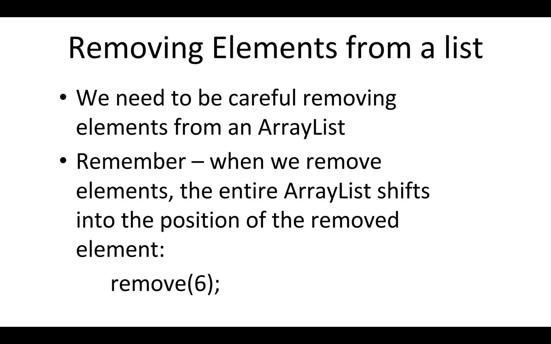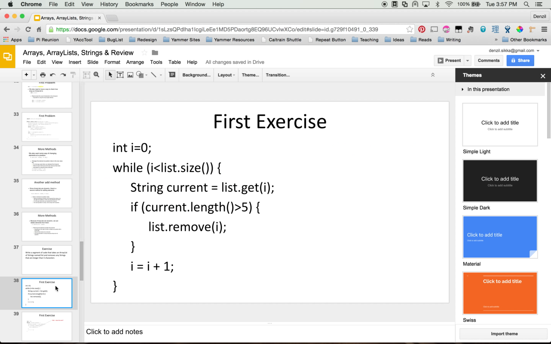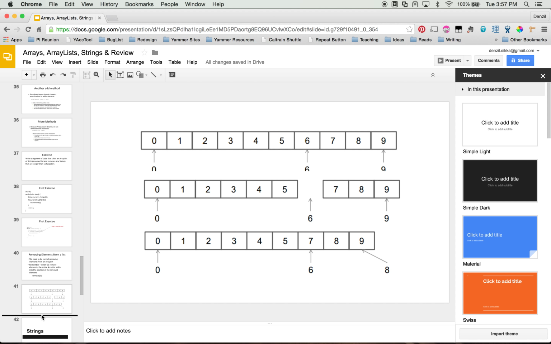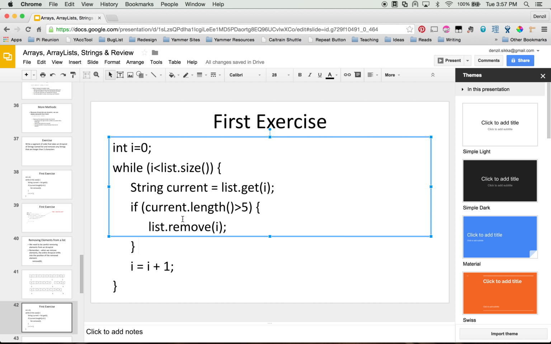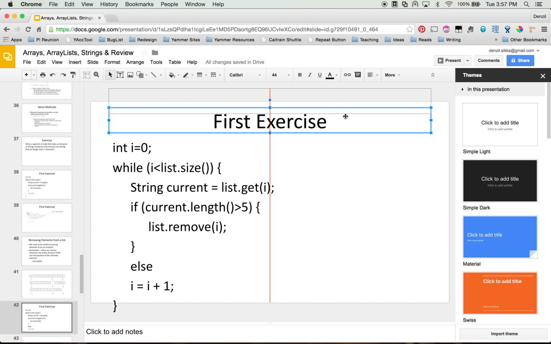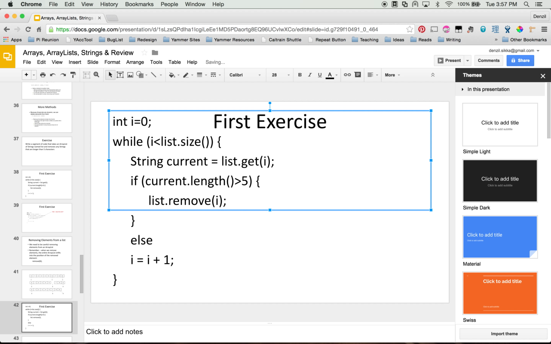And so if we went back to fix this code, the way that we would fix this code is to say either we remove something from the list or, by using else, we're going to increment I. But we can't do both.